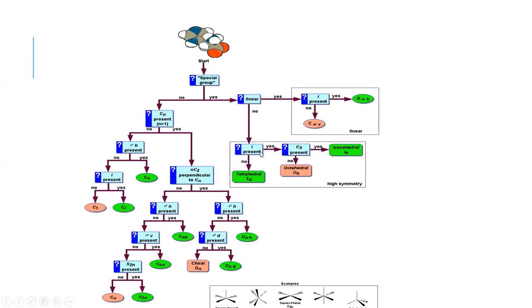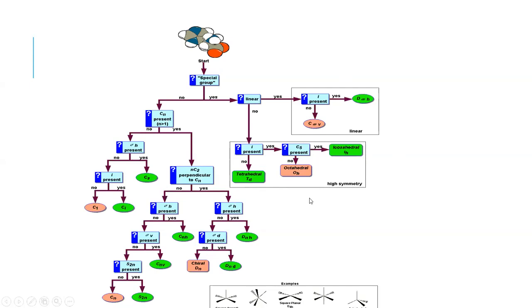If there is a center of inversion and a C5 axis is present, then the symmetry should be icosahedral. If there is no C5 but a center of inversion, then the point group should be octahedral. Hope everyone is clear with this part.